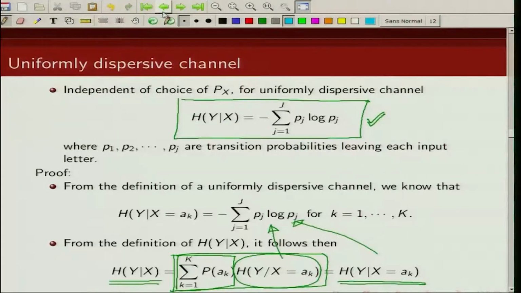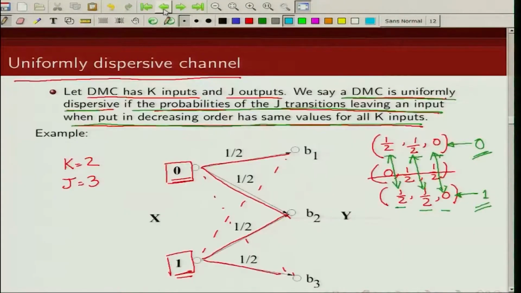Now let's go back and look at the example that we did. Is this a uniformly focusing channel? Let's look at B1: the transition from here is half, from this node there is no transition. What about this node? The transition probabilities are half and half. And for this node, the transition probabilities are 0 and half.